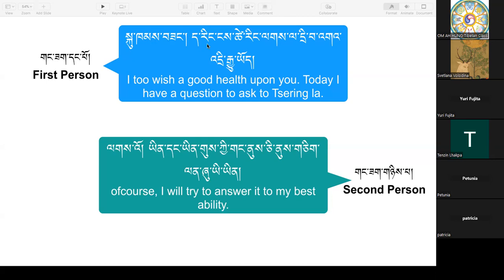And normally you will hear things like Tsering kena la chua ka she yu, which is also correct. So therefore you can either say it in this way, or you can say it in a way that is Tsering kena la chua ka she yu.